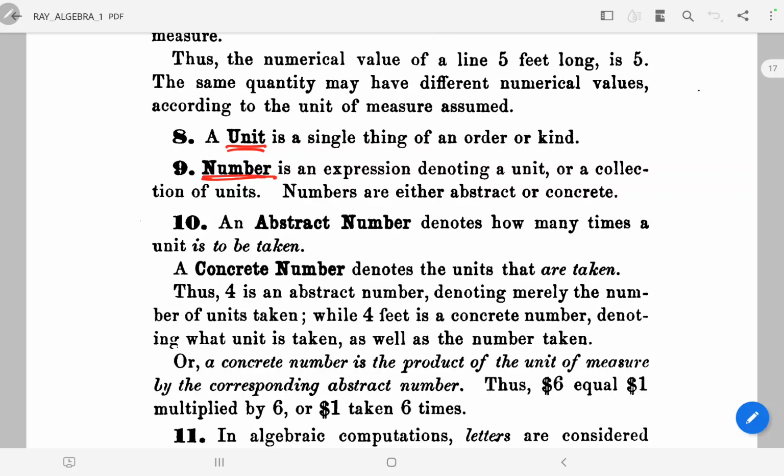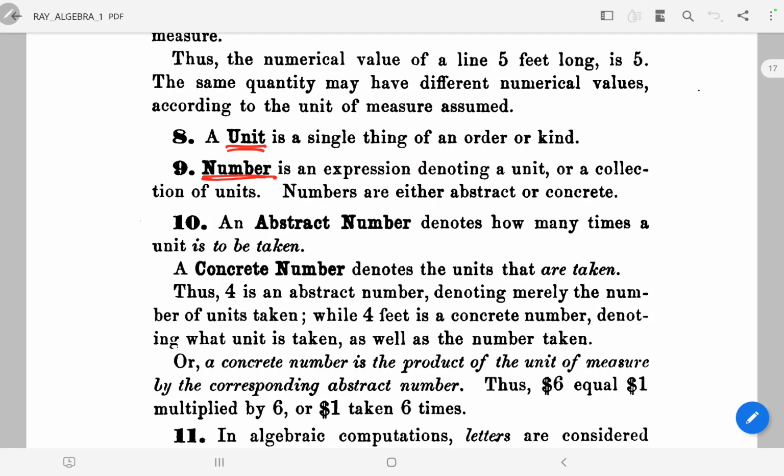A number is an expression denoting a unit or a collection of units. A unit is what we call one. A number is an expression denoting one or more units. How many units? That's a number.